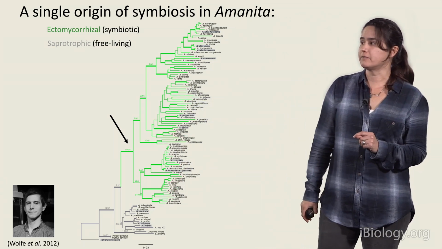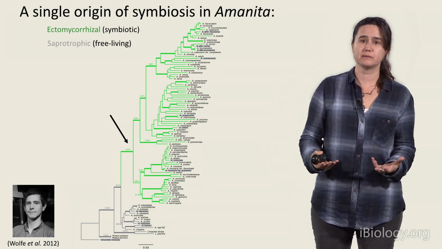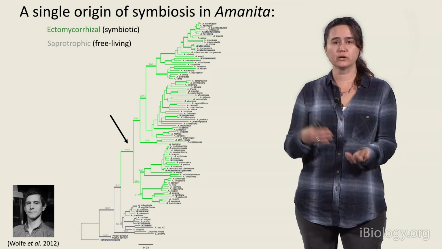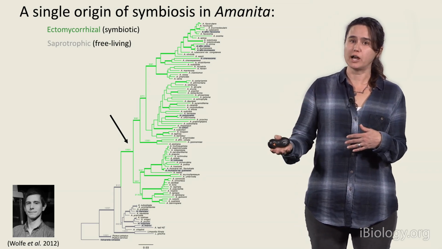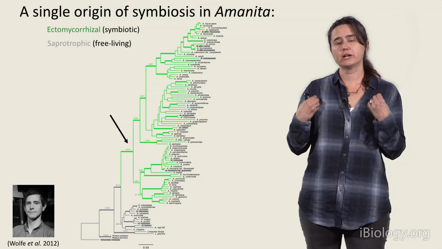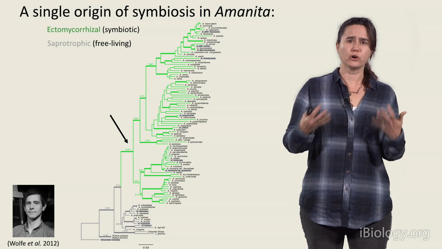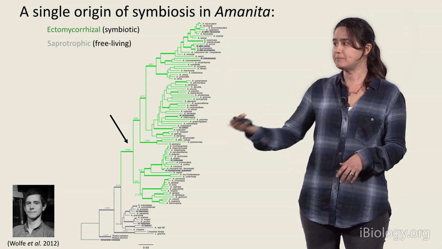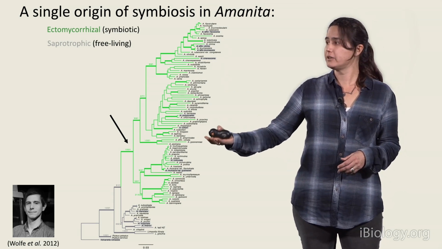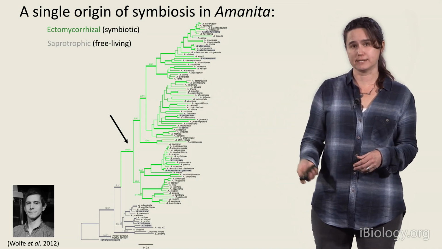So it lends itself in a really nice way to understanding the genetics of the ectomycorrhizal symbiosis because we have these closely related species with these contrasting ecological niches. So if we want to start to understand why this ectomycorrhizal association has evolved over and over again repeatedly, perhaps digging into this genus and the genetics of the ectomycorrhizal symbiosis here will give us some insights as to what's going on.